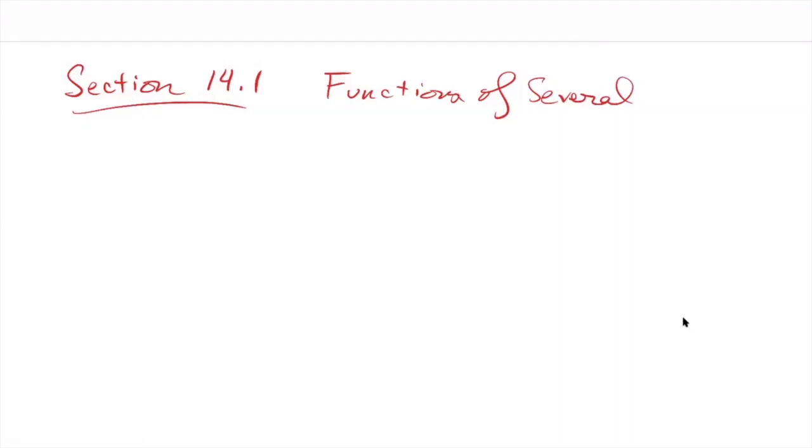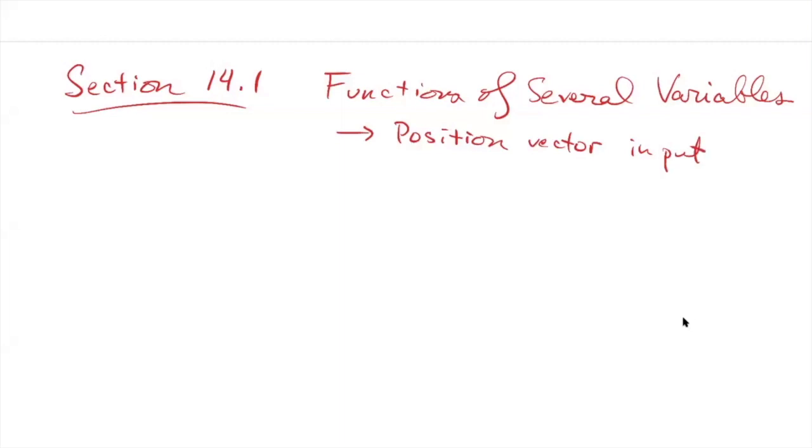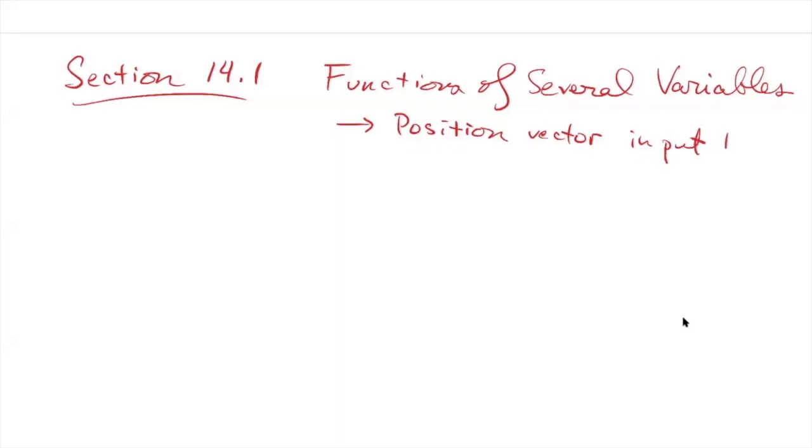But these are scalar values, so they have a position input, usually a position vector. Could be 2 or 3 dimensional. And a scalar output.